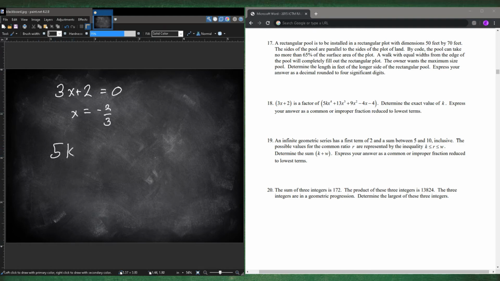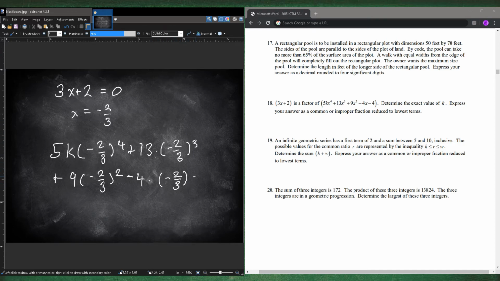So 5 times k, and then negative 2 over 3 to the power 4, plus 13 times negative 2 over 3 to the power 3, plus 9 times negative 2 over 3 to the power 2, minus 4 times negative 2 over 3, and then minus 4. And that should all equal 0 if it's a factor.